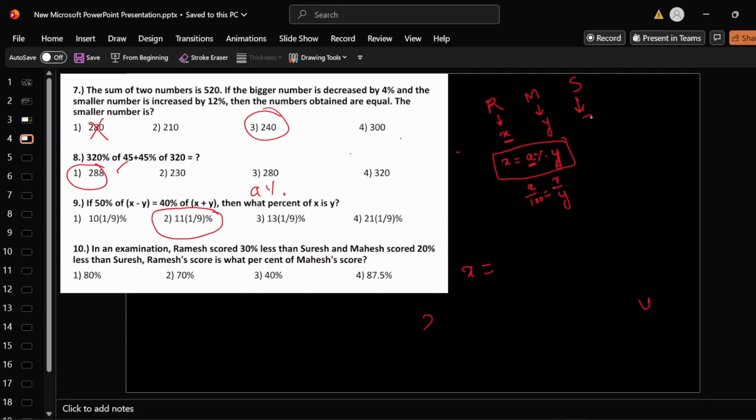Let Suresh's marks be Z. Ramesh scored 30% less than Suresh. 30% less means 70% of Z. And Mahesh's marks is Y, 20% less than Suresh. 20% less, 100% minus 20% means 80%, right? 80% of Z.